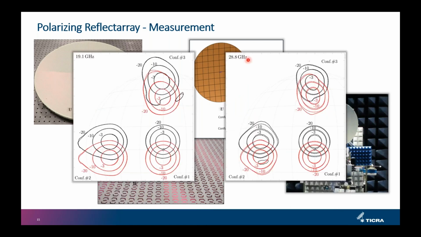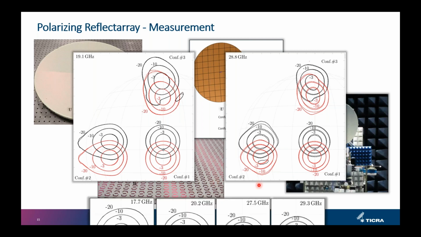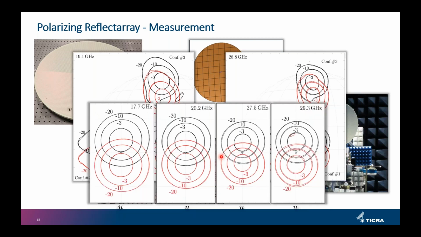So this is in the TX band, this is in the RX band. Again, a very nice fit between measured and calculated. So measured is solid and calculated in dashed lines. And we also did it across the entire band for this feed 1. And we see again that there is actually a very nice agreement between measurements and simulation in this case.